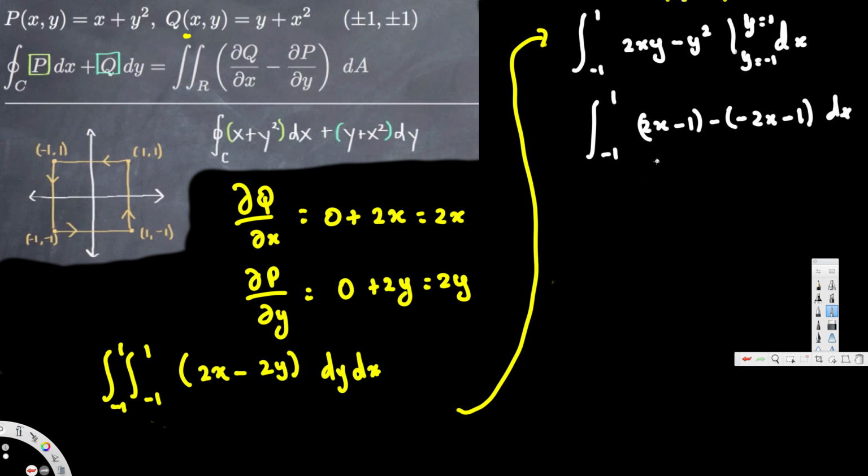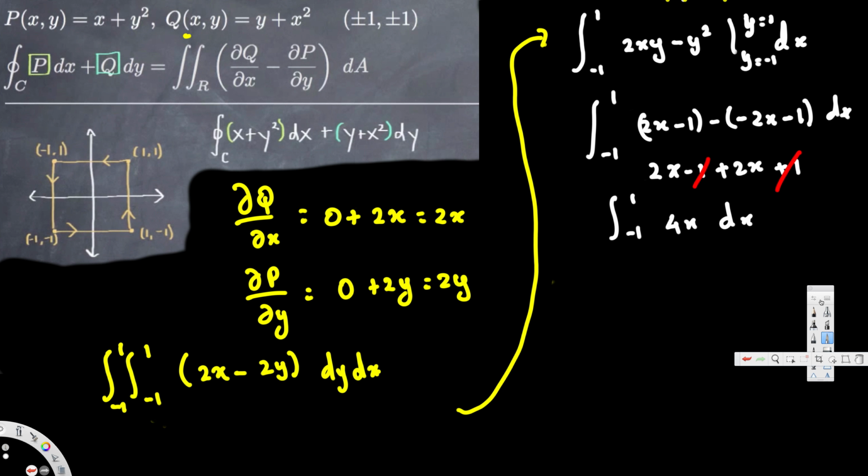Let's take this bracket out first to see this clearly: 2x minus 1, plus 2x, plus 1. You can see the minus 1 and plus 1 cancel each other, and we are going to have 4x, from negative 1 to 1, 4x dx.